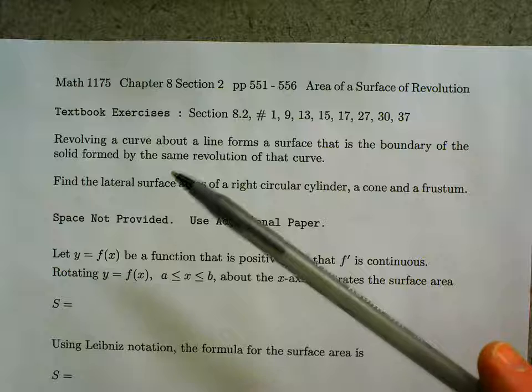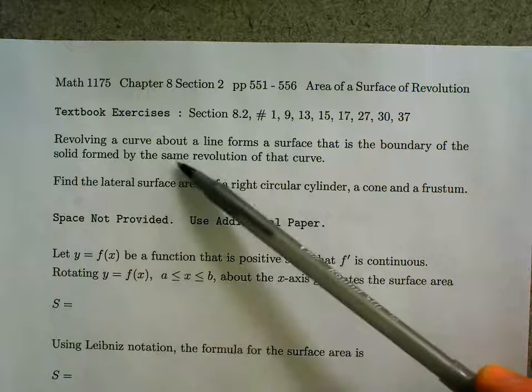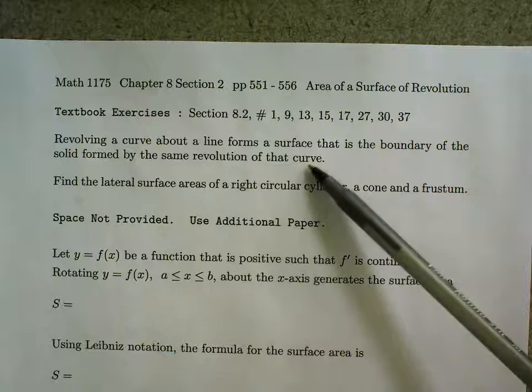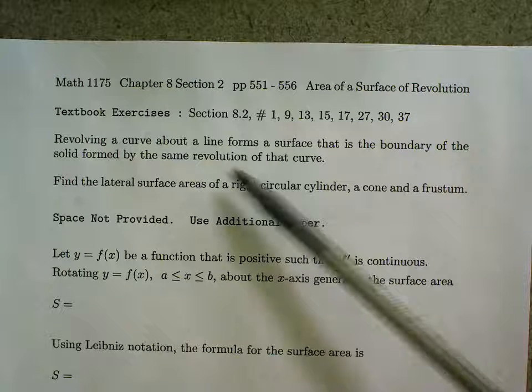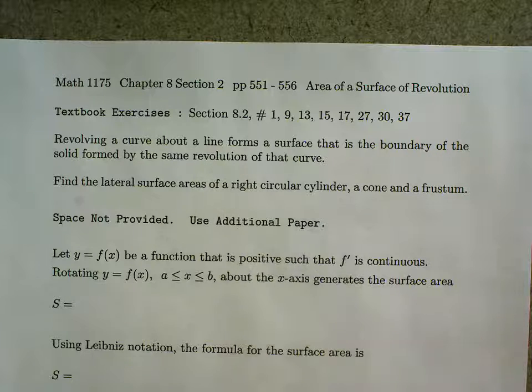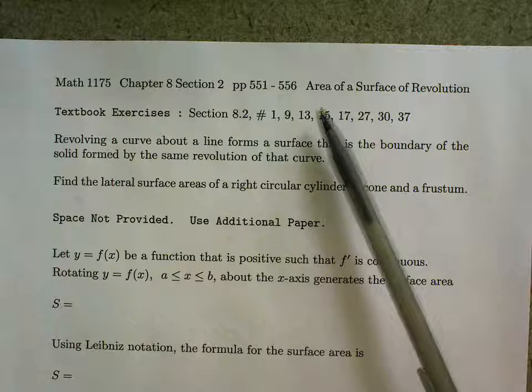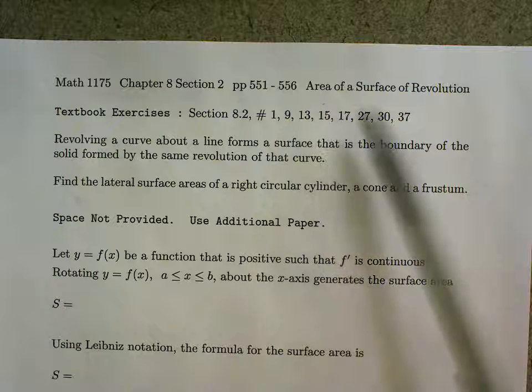So this first sentence, revolving a curve about a line, forms a surface that is the boundary of the solid formed by the same revolution of that curve. So the goal is to come up with a formula for finding the area of a surface of revolution.